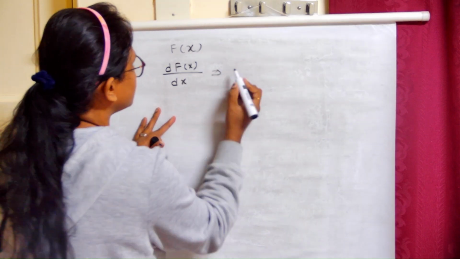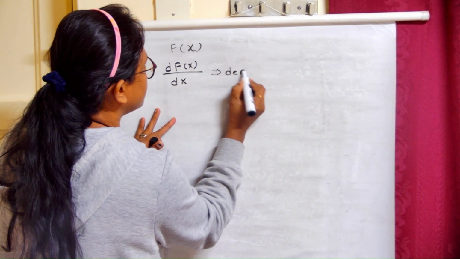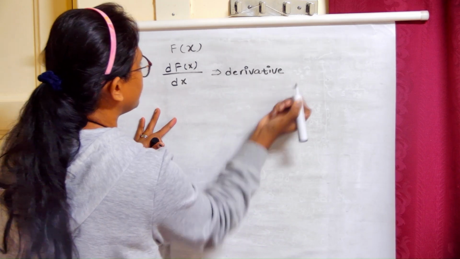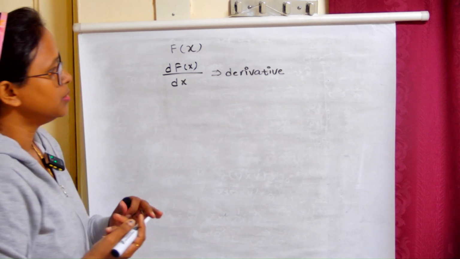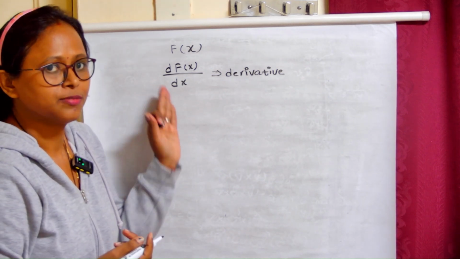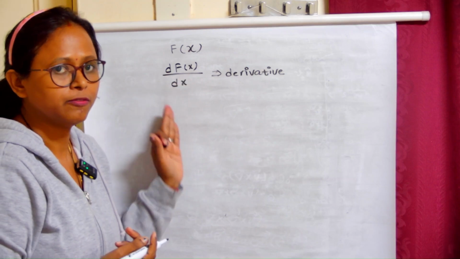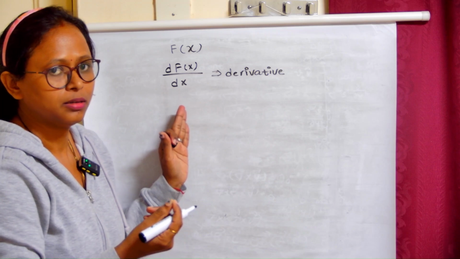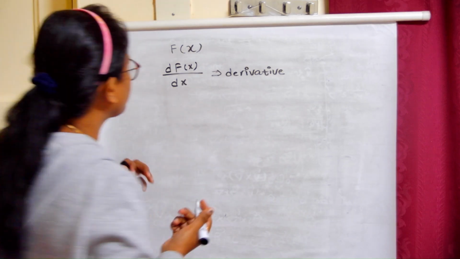This is called as derivative. This explains us about how fastly this function f is varying when we change x through an infinitesimal distance dx.